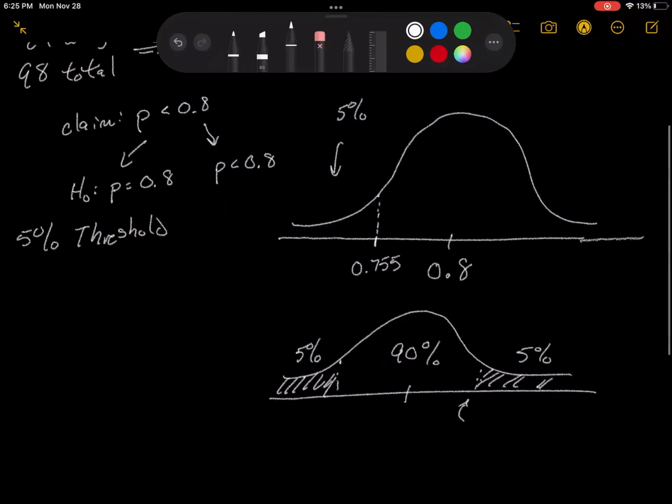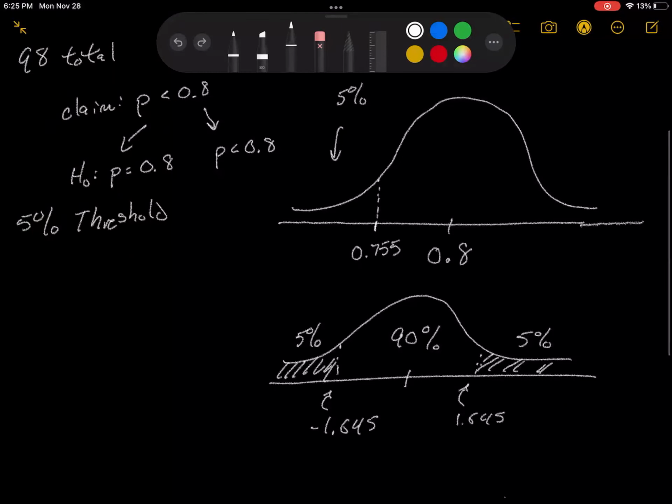So the critical z-score here is 1.645, meaning that on this side, it's minus 1.645. So if we find a z-score from our sample data lower than minus 1.645, it's inside that critical region, and we can reject the null hypothesis. That would be surprising enough.